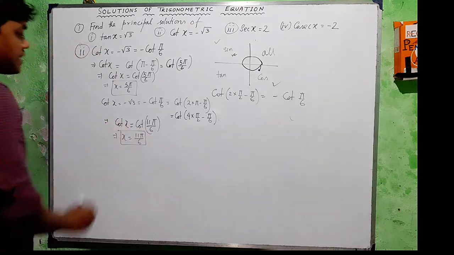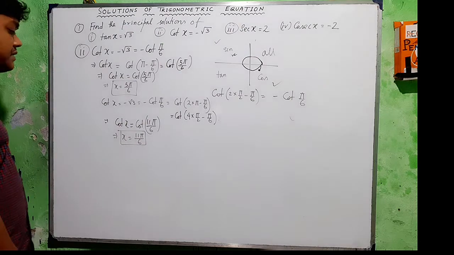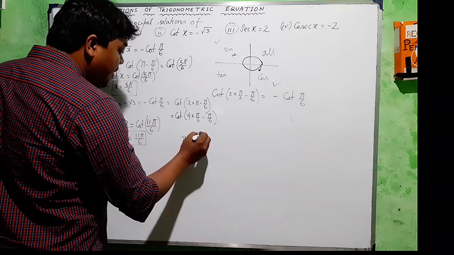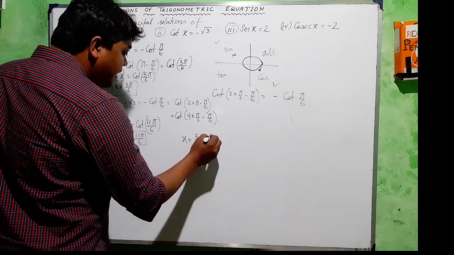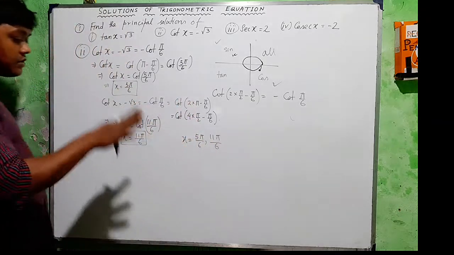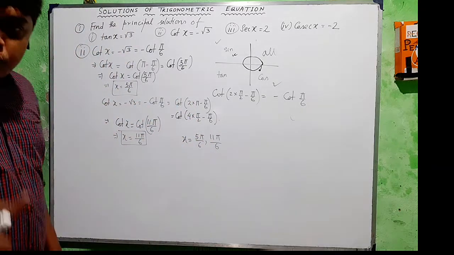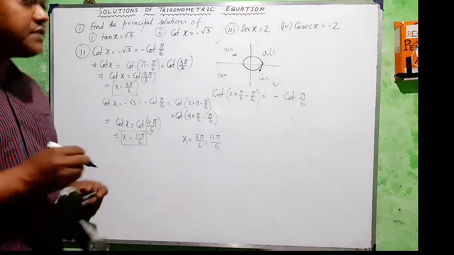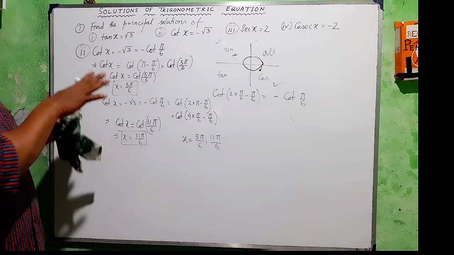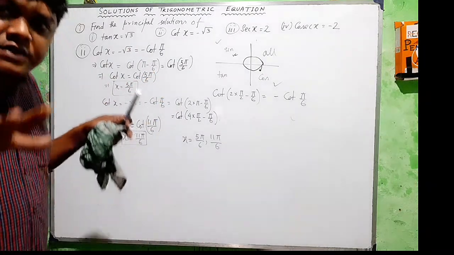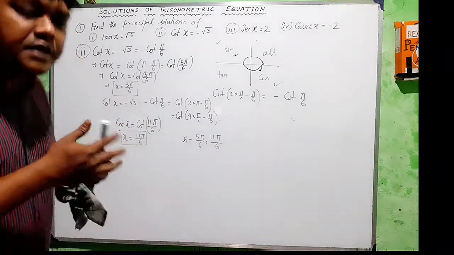So the solutions are x equals 5 pi by 6 and 11 pi by 6, and these are the principal solutions because both of the solutions lie in 0 to 2 pi. That is why I have said principal solutions. In this problem we only bother about the principal solutions of the trigonometric equation.